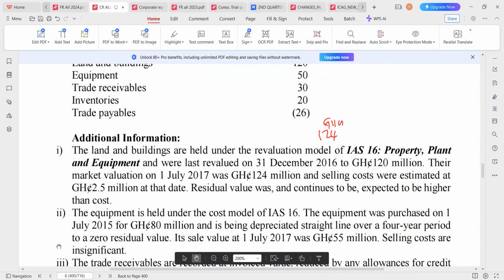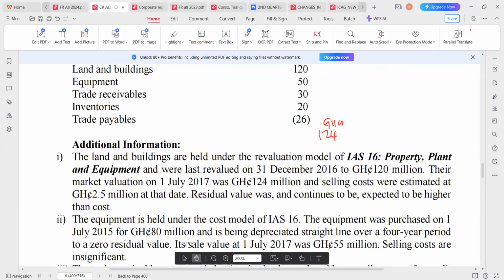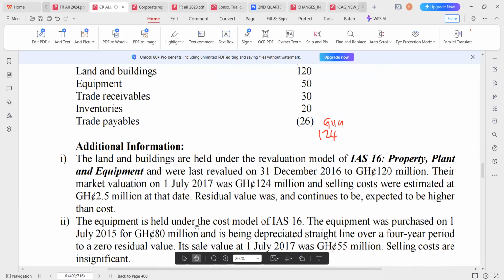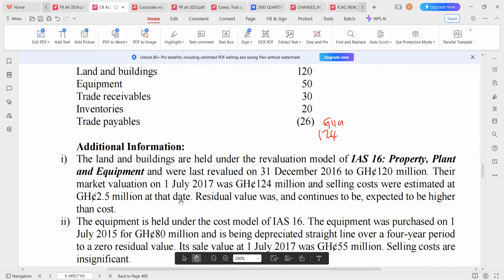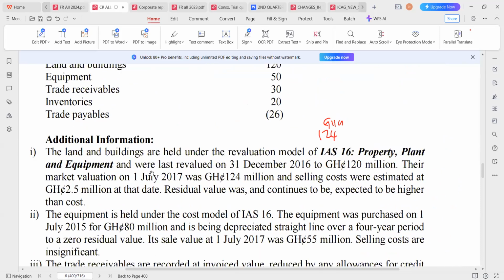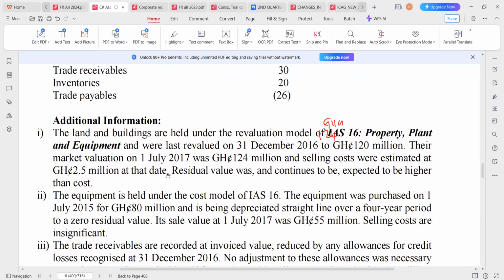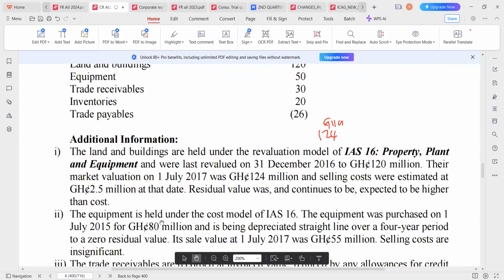I was confused when I saw the PPE. I was thinking we are supposed to add the equipment to the 120 before, but the second point explains it, so I'm okay. So they say the equipment is held under cost model.